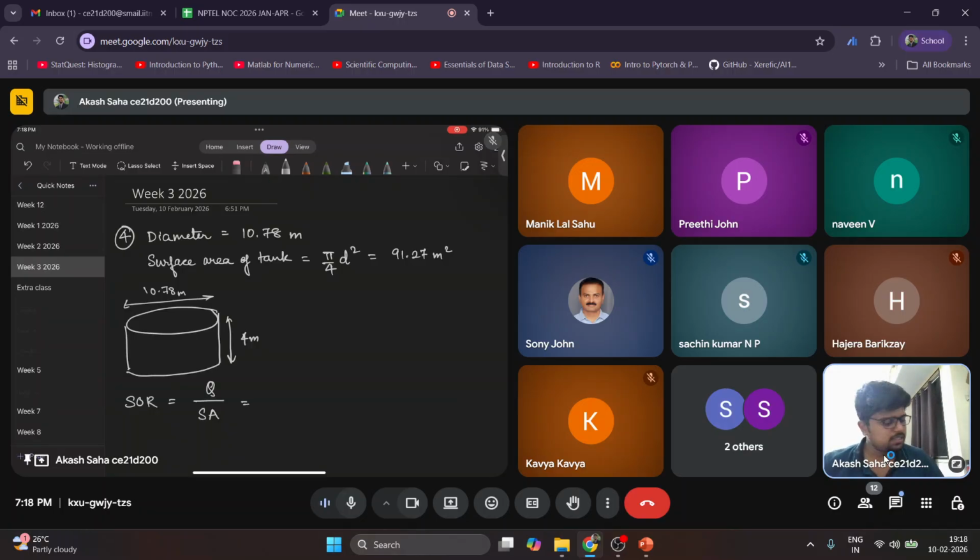So what is the discharge? It is 1200 meter cube per day divided by 91.27 meter square. So it would be approximately 13.14 meter per day. Or we can write approximately 13 meter per day.